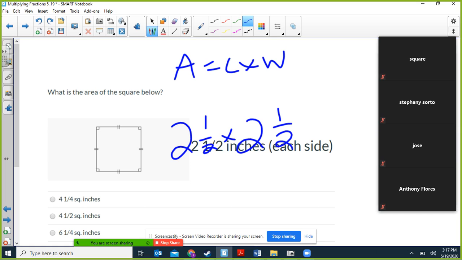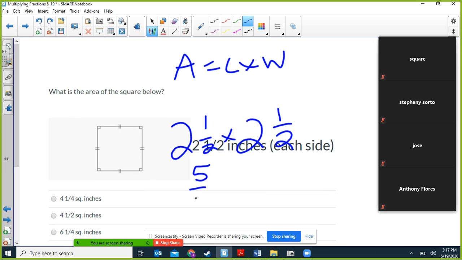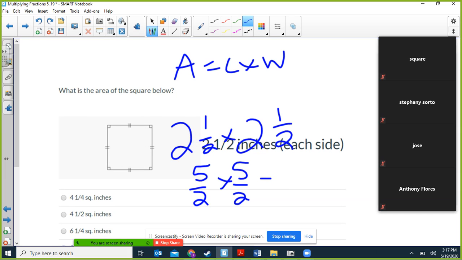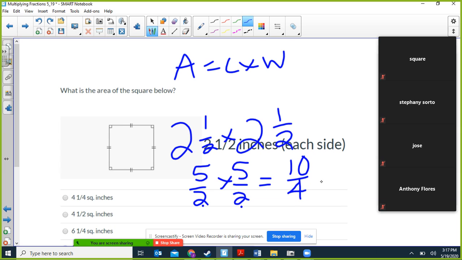So I'm going to put that into an improper fraction. 2 times 2 is 4, plus my 1 is 5. So 5/2 times 5/2. 5 times 5 is 10. 2 times 2 is 4.